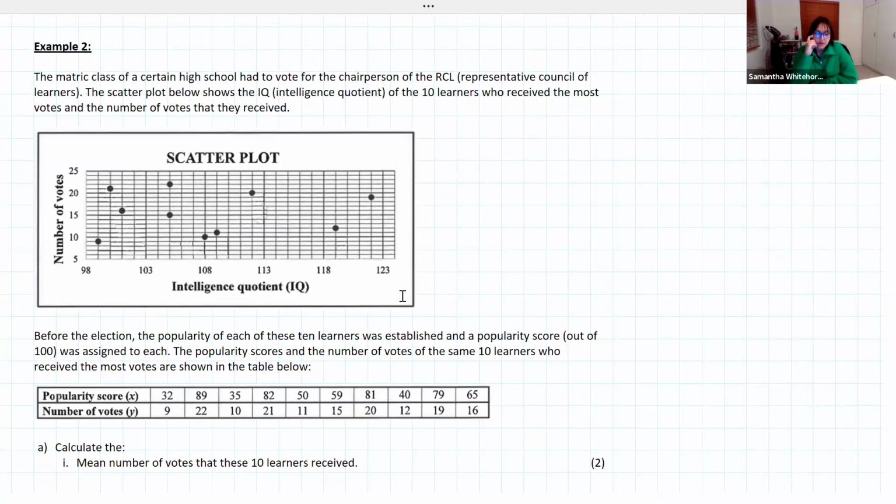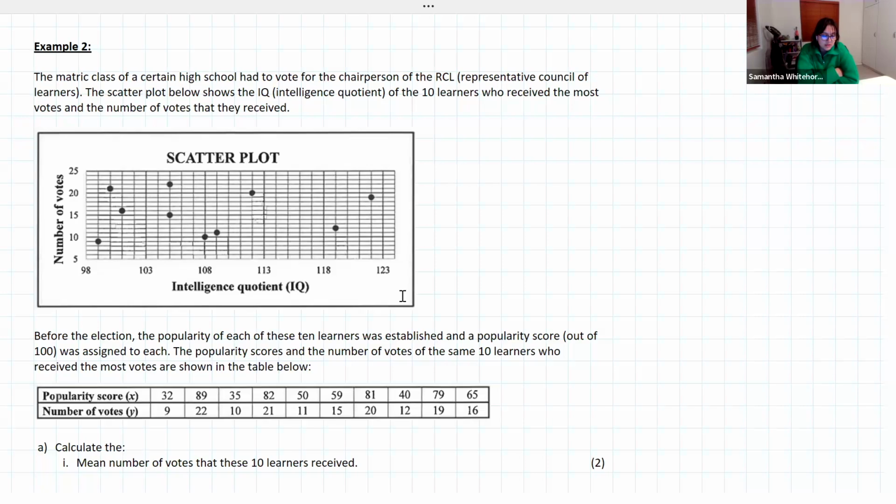The scatter plot below shows the IQ of the 10 learners who received the most votes and the number of votes that they received. Now again, guys, just look at your scatter plot before you answer any questions. There's no trend there. The dots are kind of scattered. So if we were to work out a correlation coefficient, it would probably be one that is low and unreliable, or have a weak correlation.